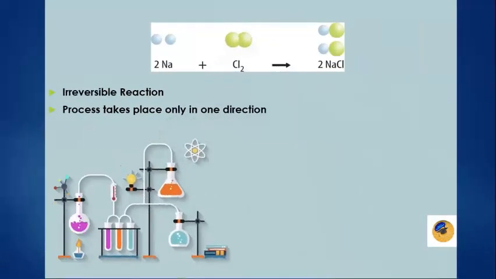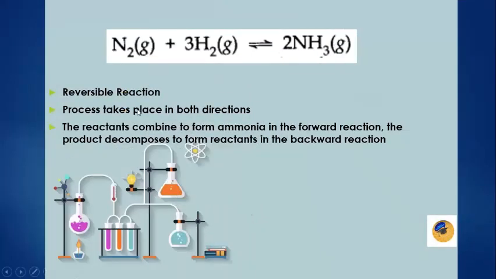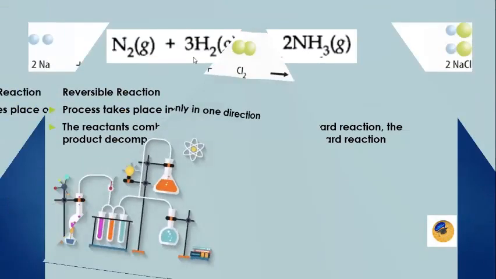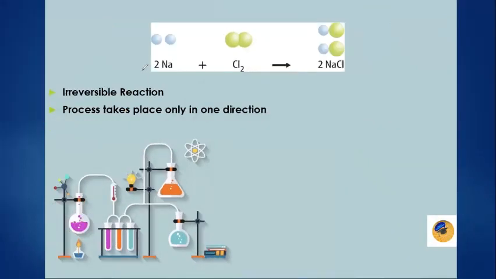Now we have this equation over here: 2Na, sodium, plus chlorine gives sodium chloride. If you look at this equation, it goes in one direction. That is, sodium plus chlorine gives sodium chloride.